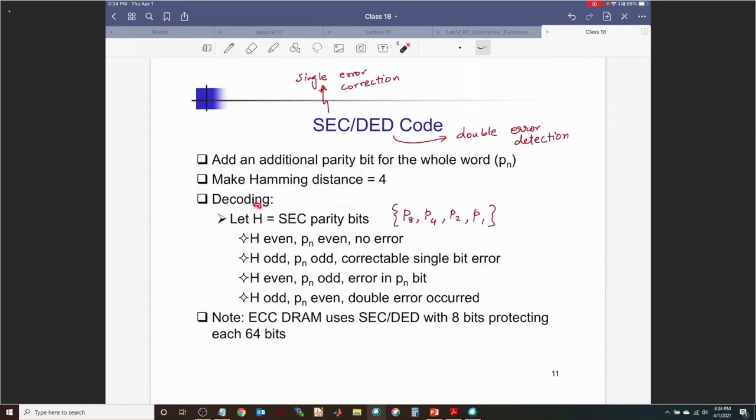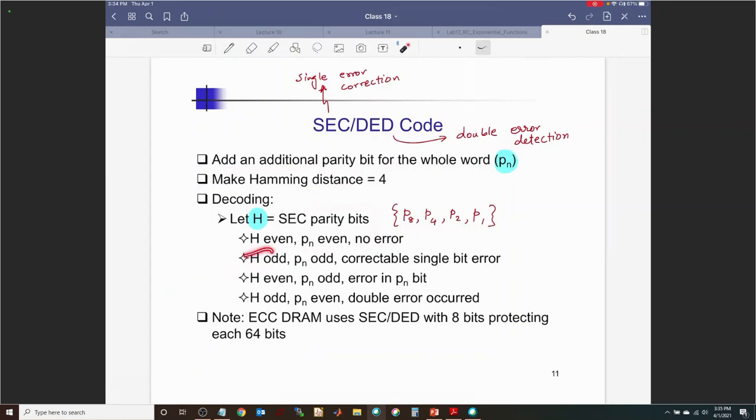Now, with this new H and this new parity for the overall code word, you can have 4 different possibilities. One is H is even, which means the parity of these 4 parity bits is even, and Pn, the parity of the entire code word, is even. If H is even and the parity for the entire code word is even, that signifies no error while decoding, while reading.